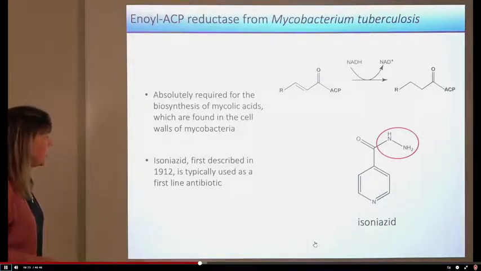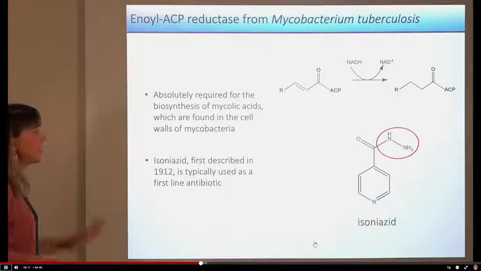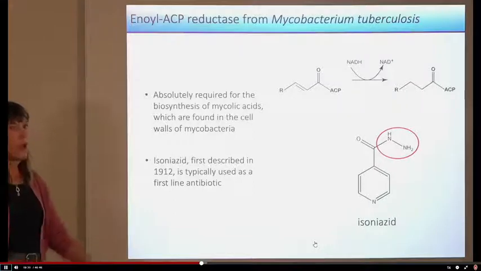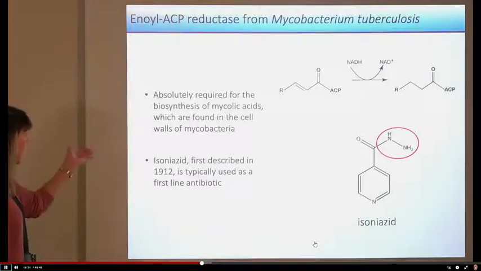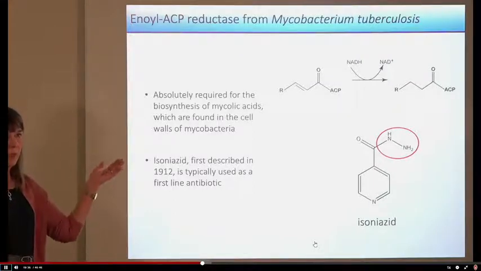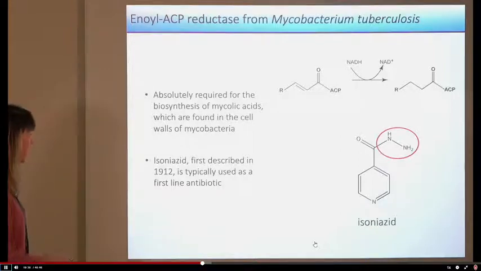But this is a drug that's used, isoniazid. This enzyme is absolutely required for the biosynthesis of mycolic acids, which this bacterium needs in the cell walls. And if you can stop it, the bacteria can't survive. So isoniazid, first described in 1912, is the first antibiotic that they typically use.